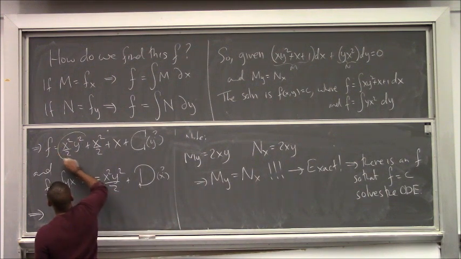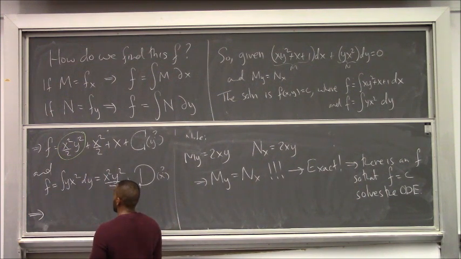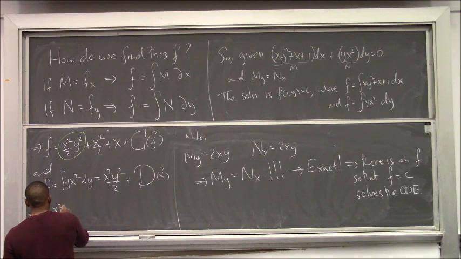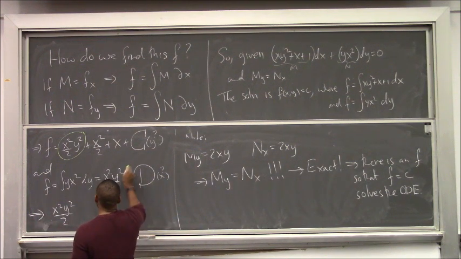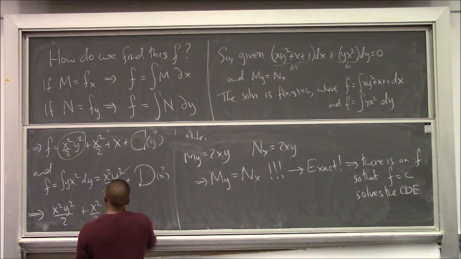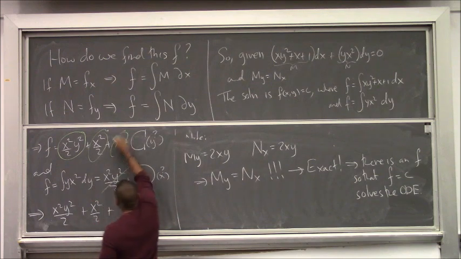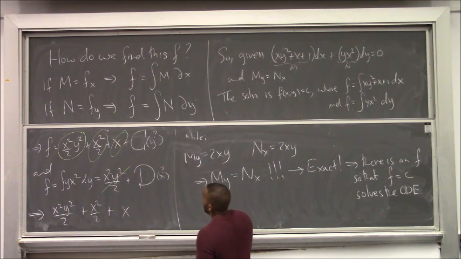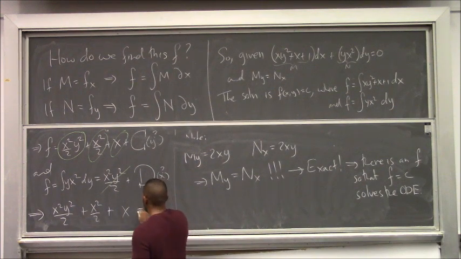Part of the function is x squared y squared over 2, so we write that down, and ignore it if it repeats. Another part is x squared over 2, and another part is x. So I write down all the unique functions that show up, and set that equal to c.